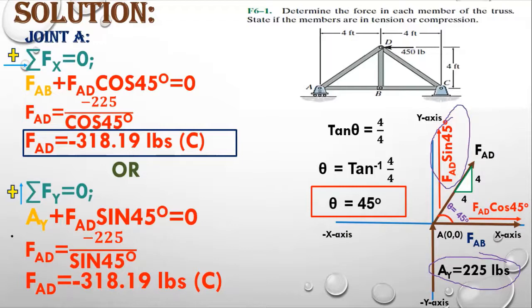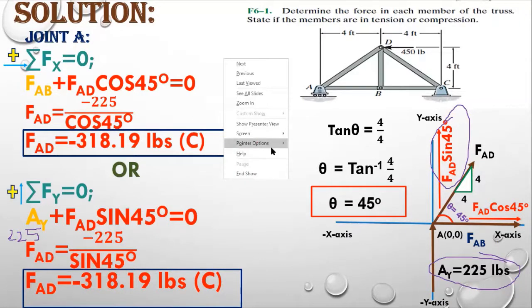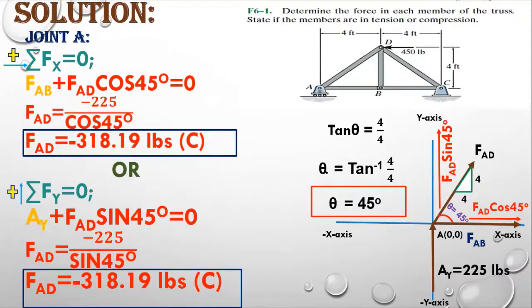Then I put the value of AY, that is positive 225, here. So FAD equals minus 225 divided by sine 45 degrees, and you can see the answer. Both answers are the same. So it's up to you whichever equation you want to use for equilibrium analysis.